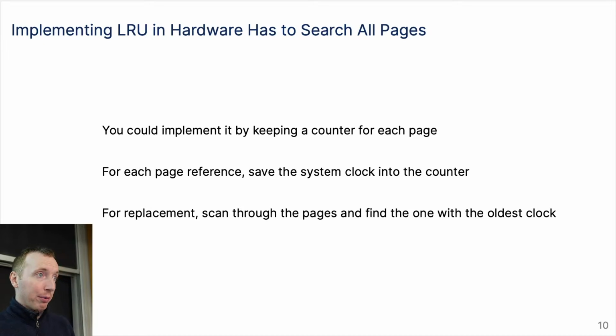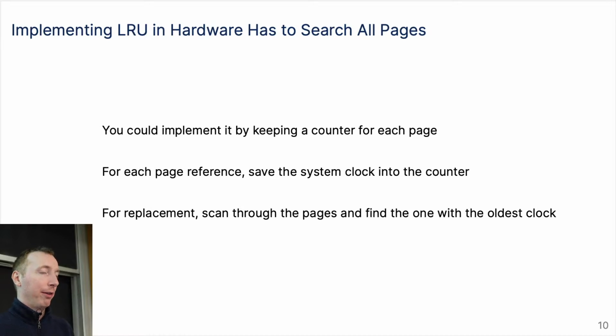So whenever you reference a page, you would have to update that, hey, it's been used recently. So every time you access a page, you would have to update that timer on that page. So your operating system essentially knows not to touch that anymore. And then whenever you have to kick out a page, you have to scan through all the pages to find the one with the oldest clock, which would be slow.